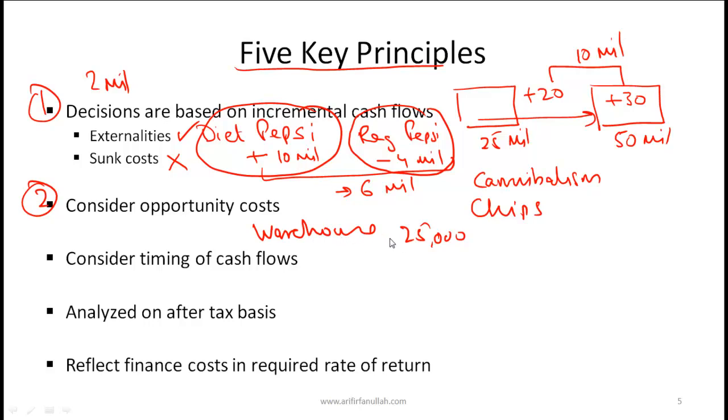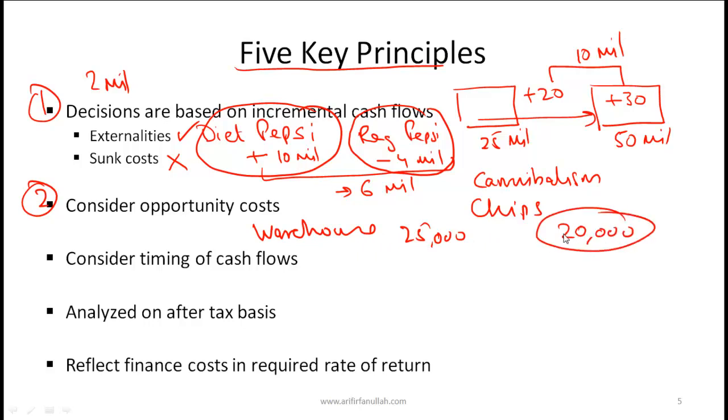So the point is that when you do your analysis of your cash flows, you need to subtract the 25,000, because this is an amount that you could have easily received by renting out the warehouse. To give you an example of why this is so significant, let's say that your net cash flow without considering the cost of the warehouse is 20,000.